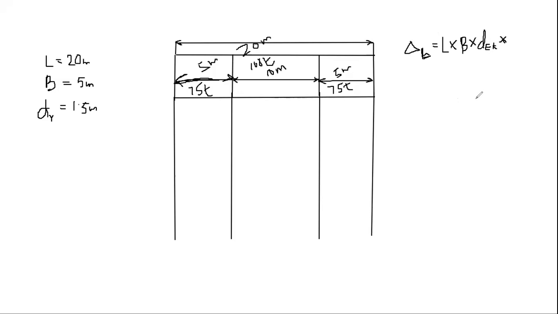This is the underwater volume displaced, multiplied by the density of the fresh water, rho_F, and that will give us the lightship weight. At that time there was no cargo on board. So it will be 20 multiplied by 5 multiplied by 1.5 multiplied by 1. The lightship will be 150 tons.